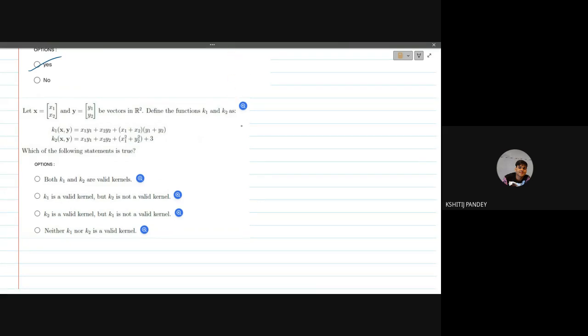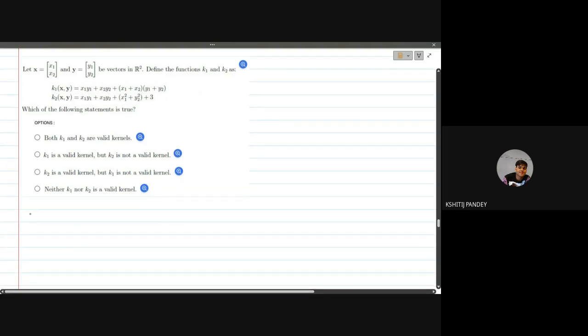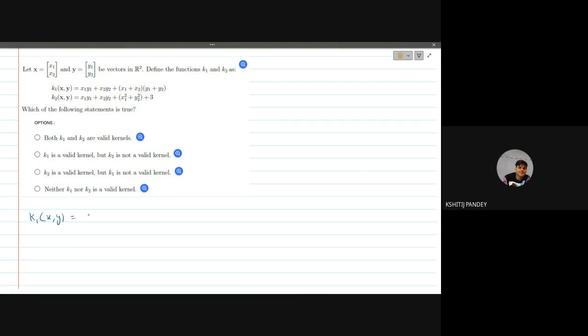So let's check the first one. k1(x, y) is equal to x1 y1 plus x2 y2 plus (x1 plus x2) into (y1 plus y2).